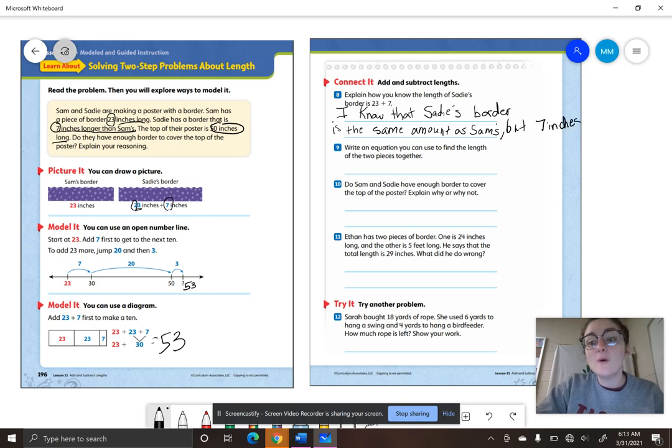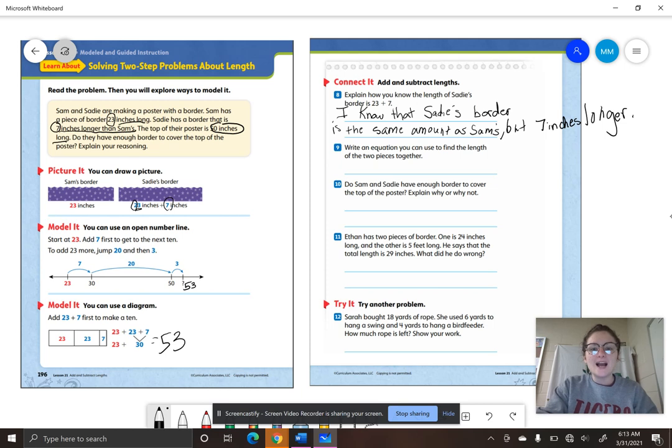So we know what is the same, right? We know that they both have 23 inches, but Sadie's is 7 inches longer. So they both have 23 inches within their border, but Sadie's has another 7 inches.